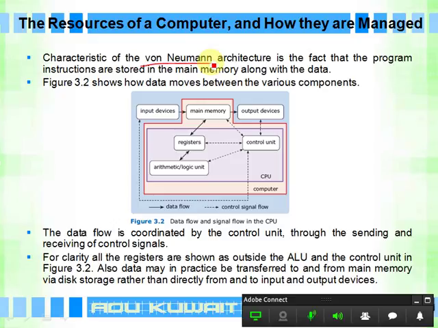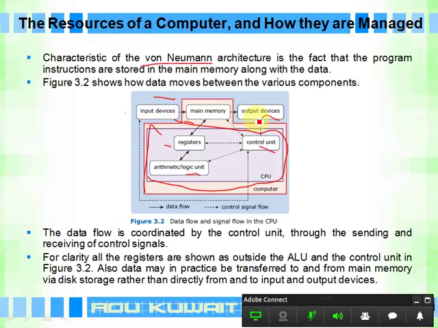It has an input device, a main memory, the CPU, which has the ALU (arithmetic logical unit), control unit, and registers, and an output unit.